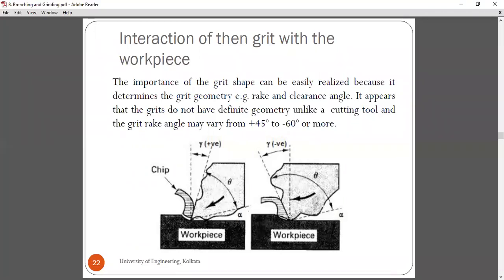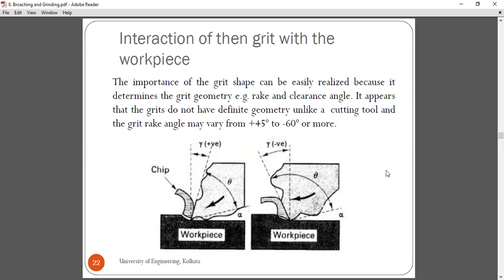In both the cases, the formation of the chip is not the same. So in case of grinding, we cannot say that for a given tool workpiece combination, we will have a fixed type of chip that will be generated, whether it will be continuous or discontinuous.